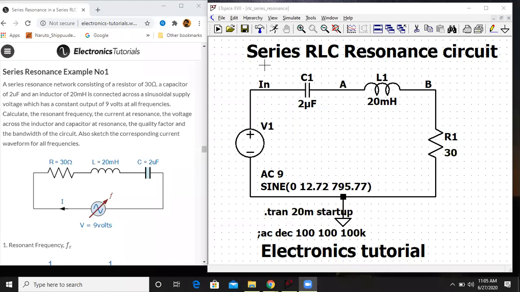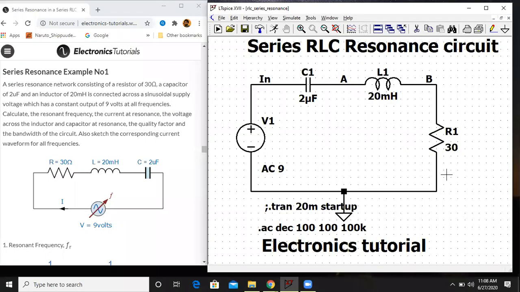Is this time enough for you all to build the LT-Spice circuit, or do you require some more time? Okay, I'll proceed accordingly. I'll wait for around 15 seconds more, then I'll start again. Till that time, kindly make the circuitry.